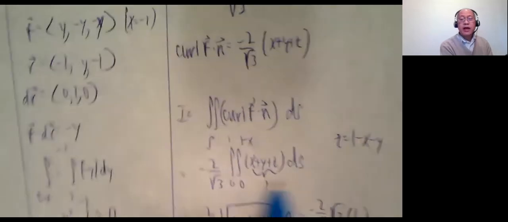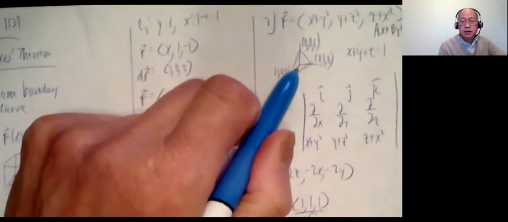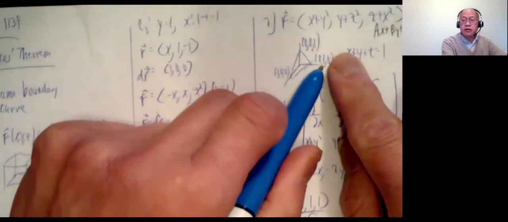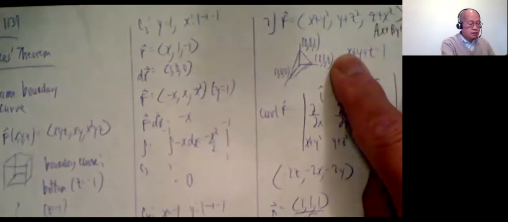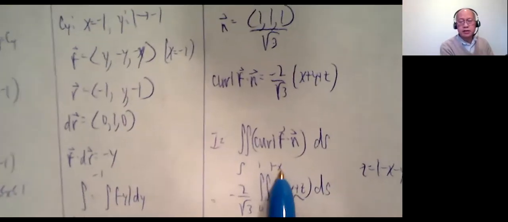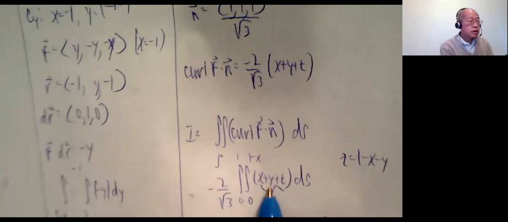And then in the xy plane, just think of going from (0, 1) to (1, 0), right? That equation is y equals 1 minus x. I'm integrating x plus y plus z.